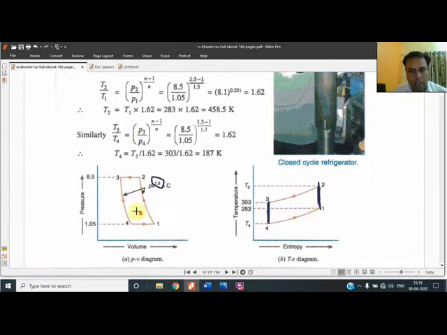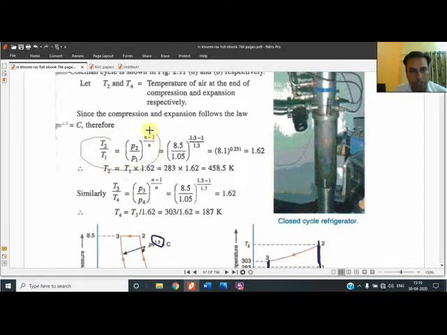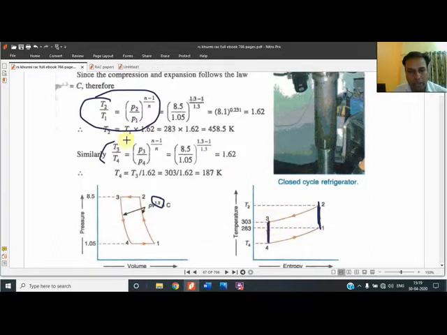The vertical line is 1, 2, so for 1, 2 we will apply this formula, and the second is 3, 4. For 3, 4 we will apply this formula, and from these we will get one unknown, because from 1, 2 we obtain T2, and from 3, 4 we obtain T4.